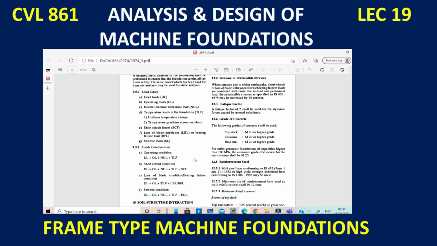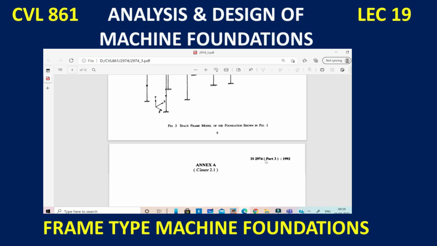When we are obtaining the natural frequency, doing the free vibration analysis, no force is applied, zero force, so it does not come into relevance. And when we are doing the harmonic analysis, the fatigue factor is also not to be applied.